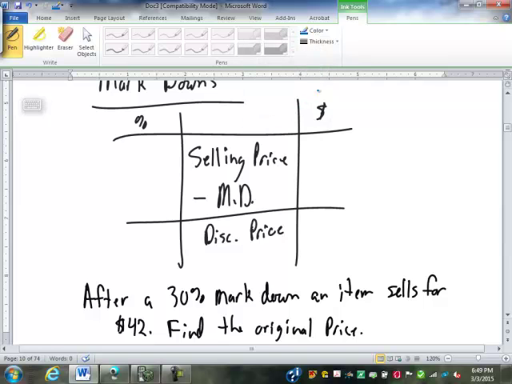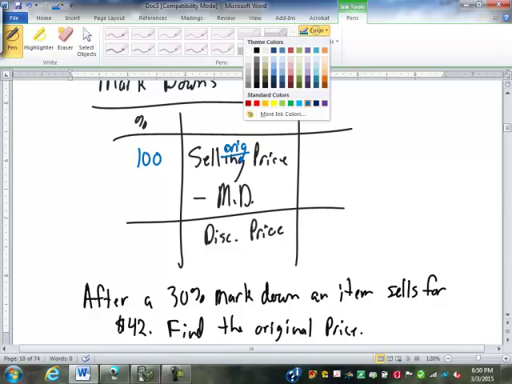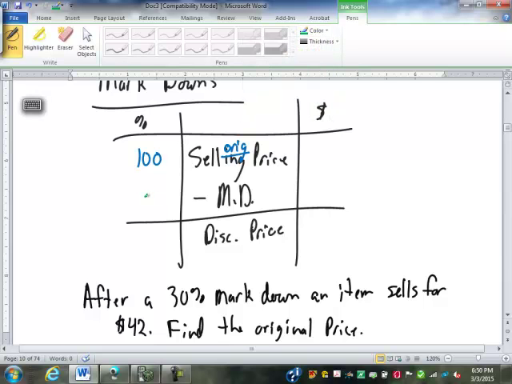Well, when we're dealing with markdowns, the original selling price, I'll put original there in the selling price, is always the 100%. Here we had a 30% markdown, which means the discounted price is what percent? 70. Because it's a discount, we're going to subtract instead of add this time. And we know $42 is the discounted price. We want to know the original selling price.